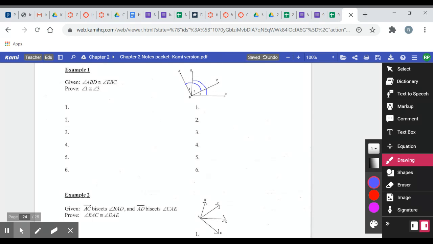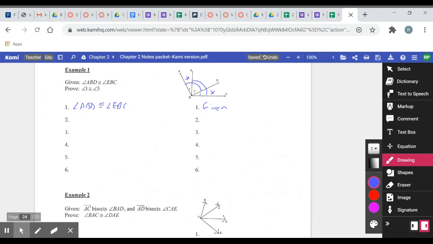What I'm trying to prove is that angle 1, this angle, is congruent to angle 3, this angle. If I'm trying to prove it, I don't mark it congruent yet, but sometimes I'll star it so I have in mind what I'm trying to get to by the end. The given information has to be first, so angle ABD is congruent to angle EBC, and that is given.